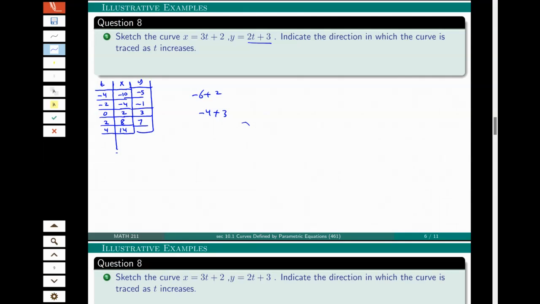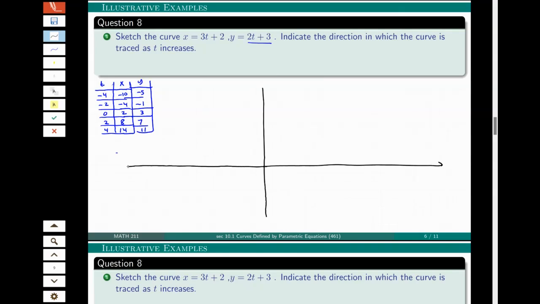If I select 3, that will be more than enough to sketch a graph. So now what we have is this.